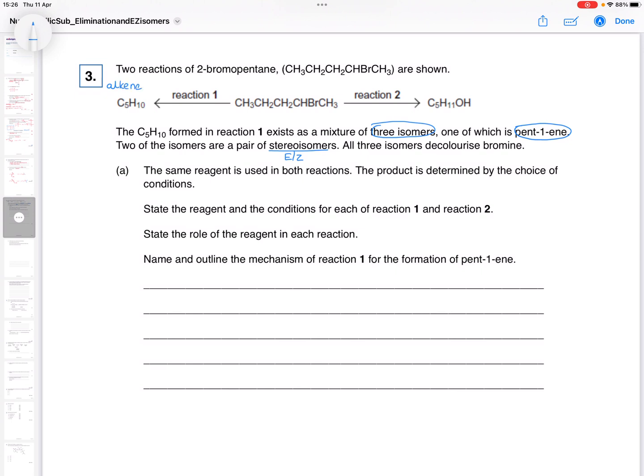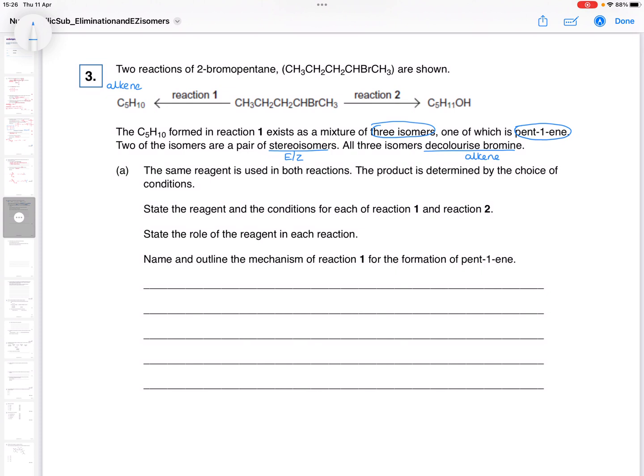All 3 isomers decolorise bromine, so that's also telling us that they must all be alkenes. The same reagent is used in both reactions. The product is determined by the choice of conditions. State the reagent and conditions for each of reaction 1 and reaction 2.